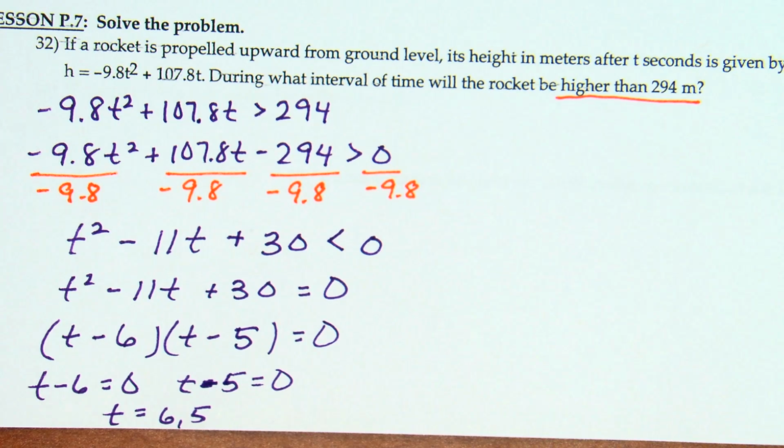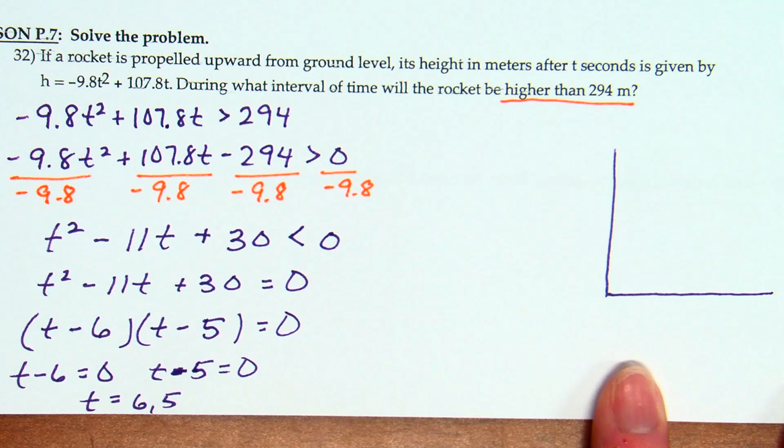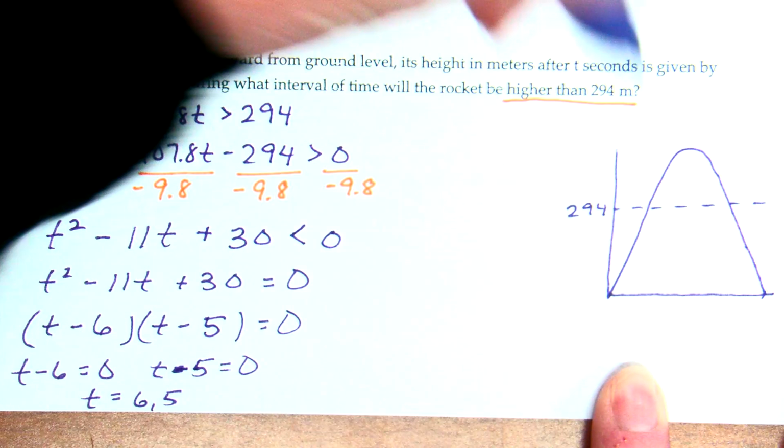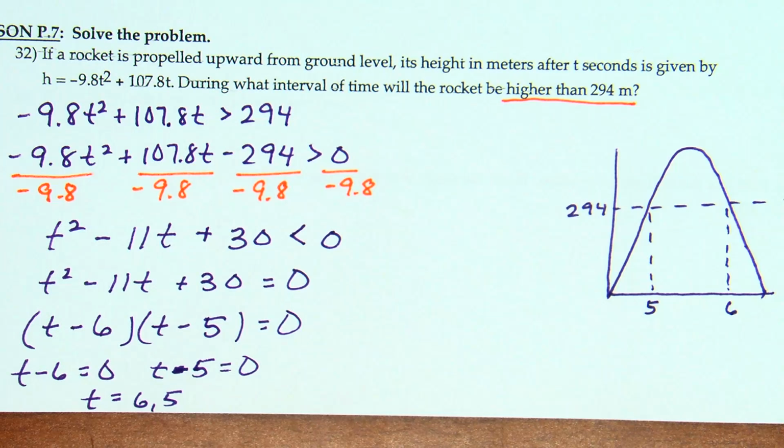If I sketch you a parabola like yesterday, the ideal projectile motion starts at 0, 0, goes up, and comes back down, right? Well, at some height, 294, it equals 5 and 6. And so those are the points where the rocket is at exactly 294 meters.